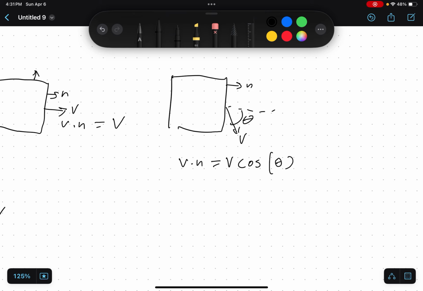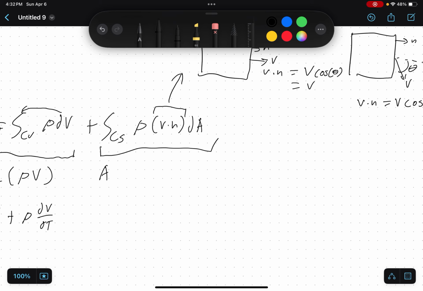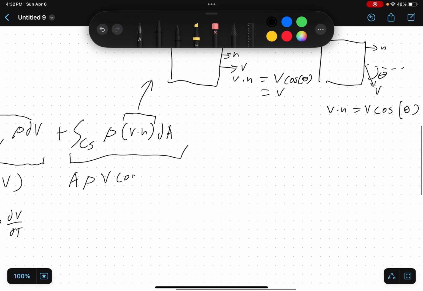And you can pretty much always bring the dA out front. You can integrate the dA. So you're left with rho V cosine theta. Now, what does this simplify down to? This simplifies down to m dot.